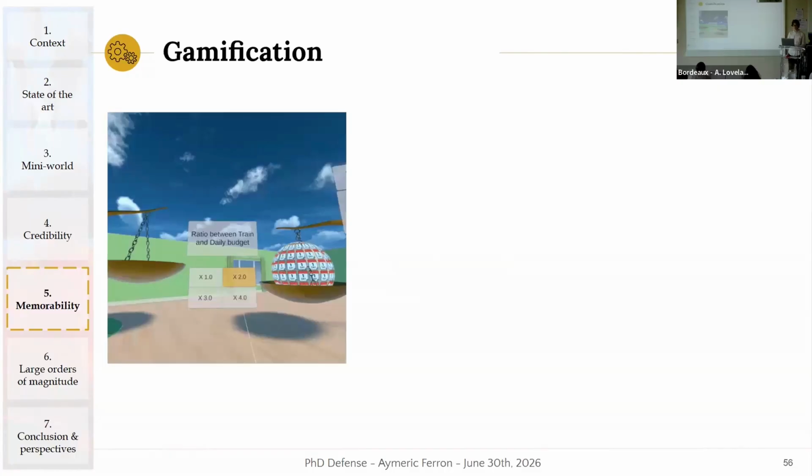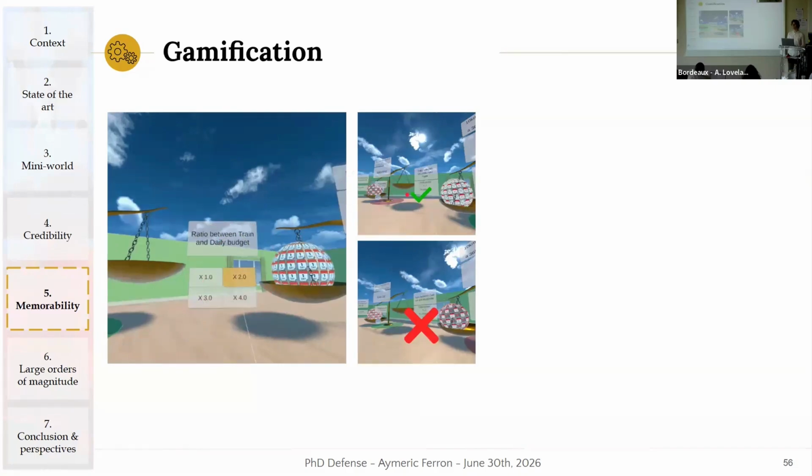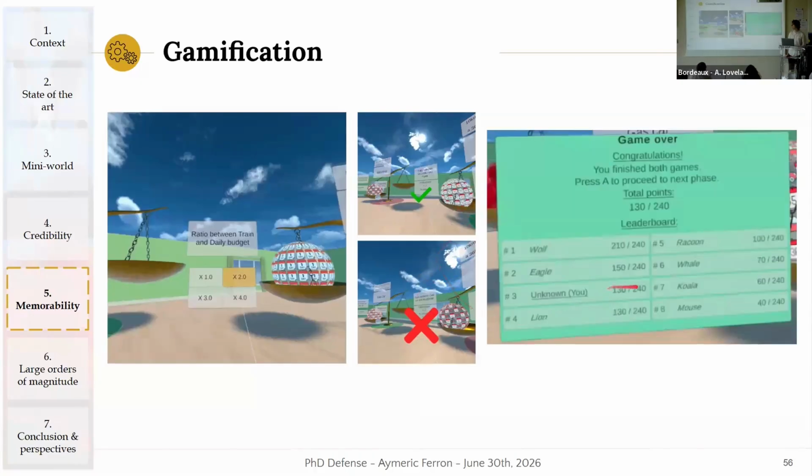So in our project, we decided to use quiz-based gamification. For each order or ratio, there is a multiple choice question. If people got it right, they got correct feedback. If they got it wrong, they got incorrect feedback. If they got it correct, they earn 10 points. And in the end, they got a final score, and they are ranked among other scores.